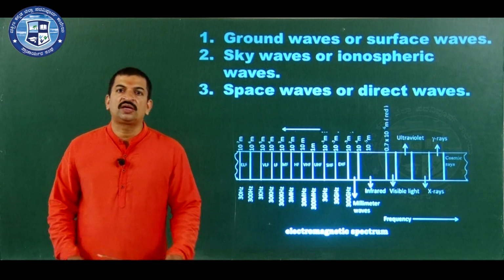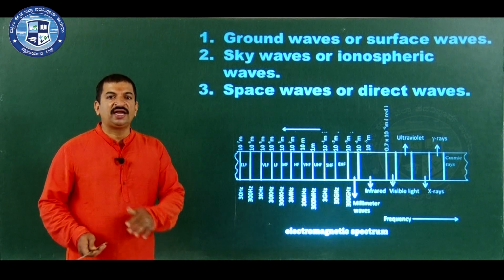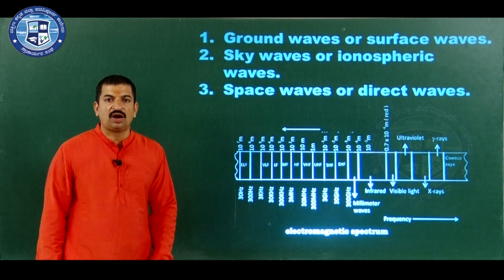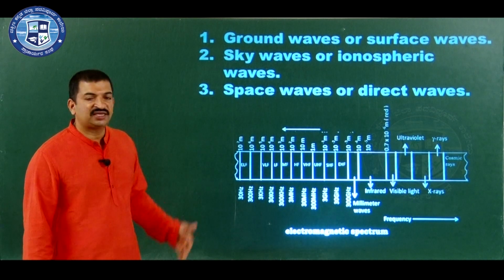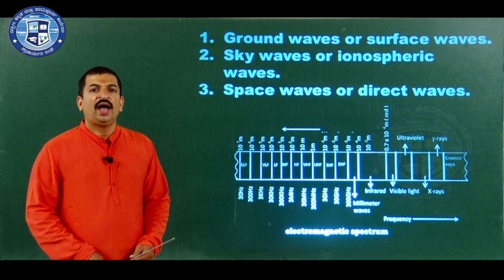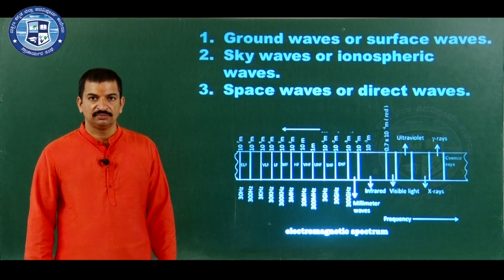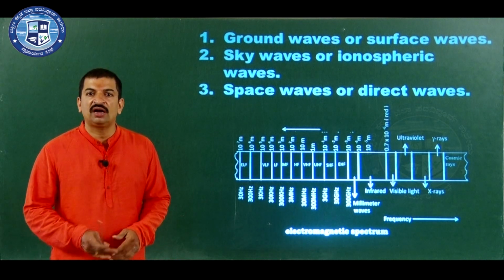Now, what are ground waves? The ground waves, as the name indicates, propagate along the surface of the Earth. So this is also called the surface wave. As the electromagnetic wave is incident on the surface of the Earth, it induces an EMF or a current.